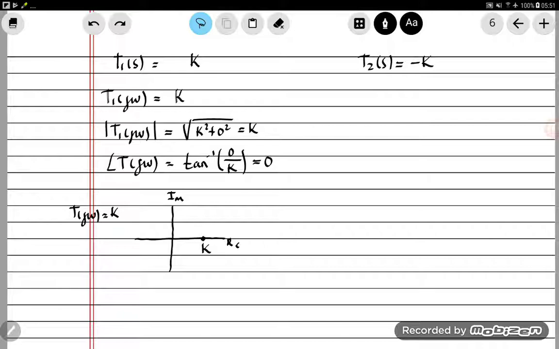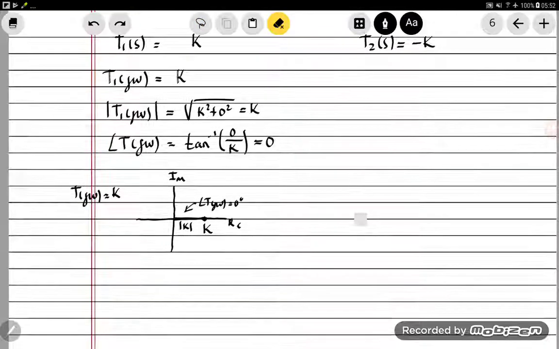The distance from the origin to this point is the magnitude, which is just K. And the angle between this line and the real line is the phase, which is just 0 degrees.